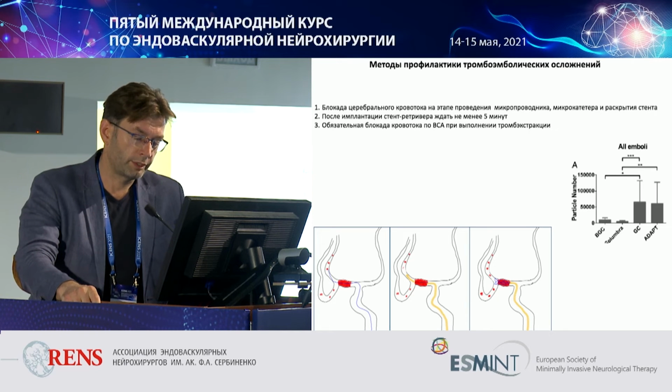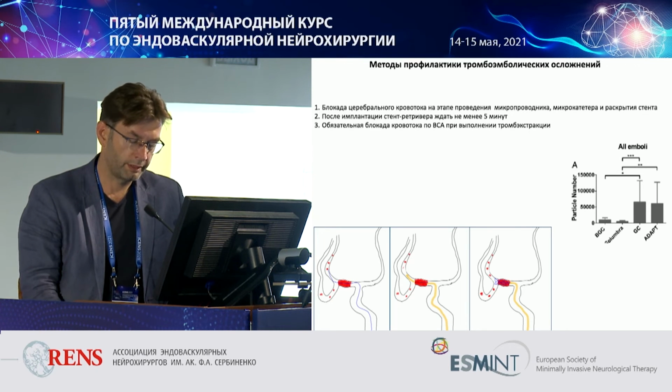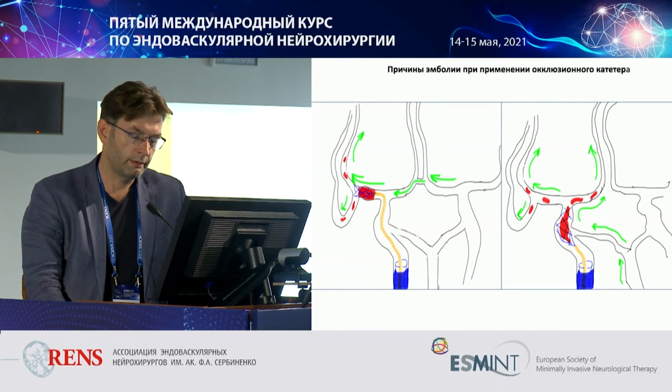a stent retriever. And of course, you have to block the cerebral blood flow, as was done in the in vitro study, and it is proved to be the most effective technique in this respect.